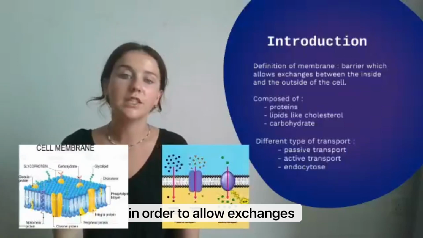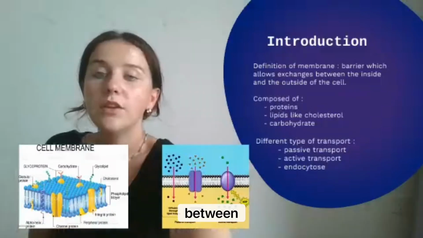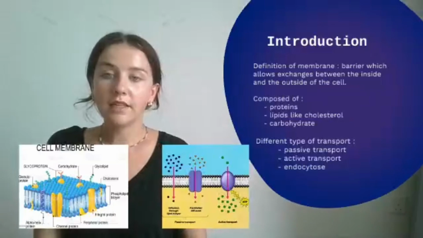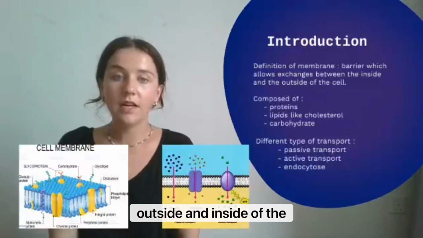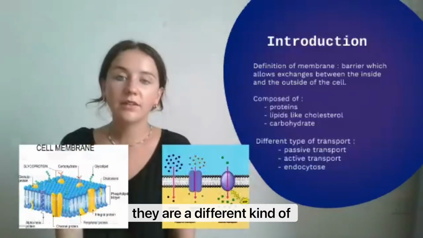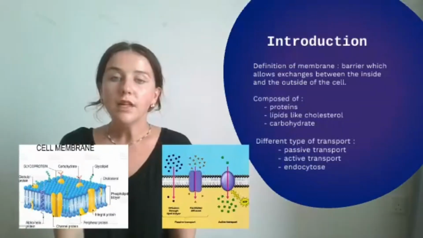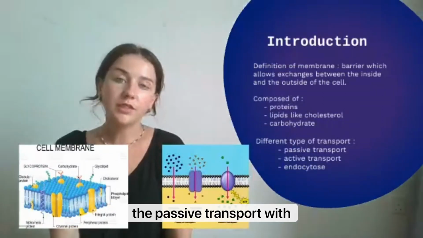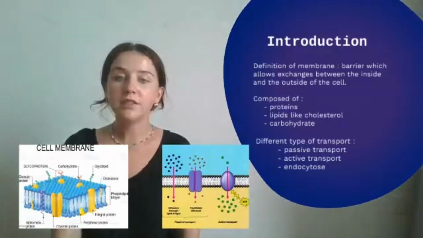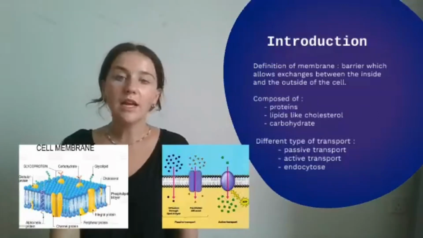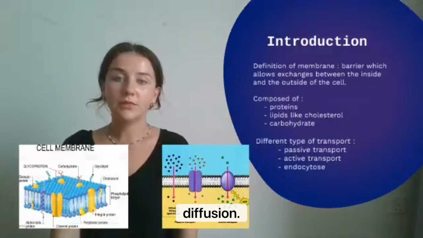In order to allow exchanges between the outside and the inside of the cell, there are different kinds of cellular transport. First, the passive transport with simple diffusion, osmosis, and facilitated diffusion.